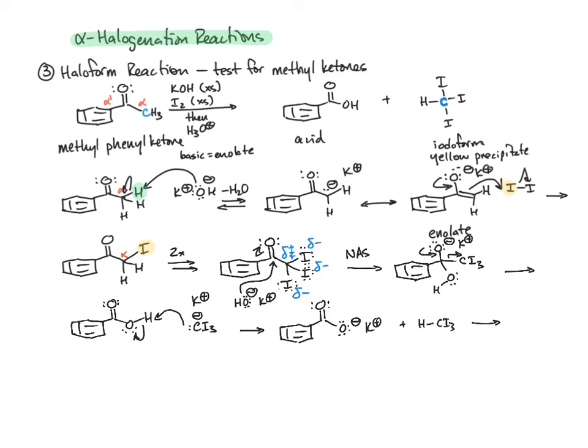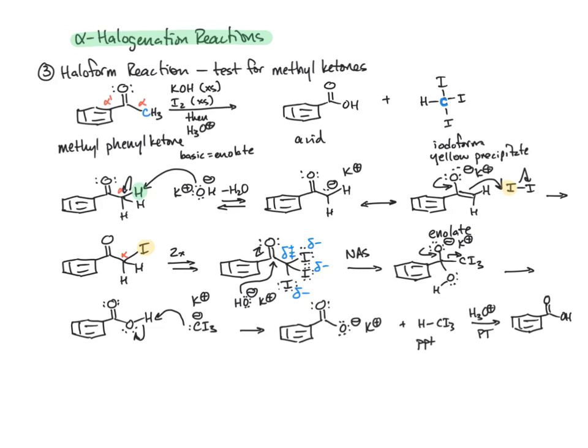And this is the reason why you need to add acid at the end, so you can get the neutral carboxylic acid as the final product. And again, that's just a proton transfer. Again, that material precipitates out.